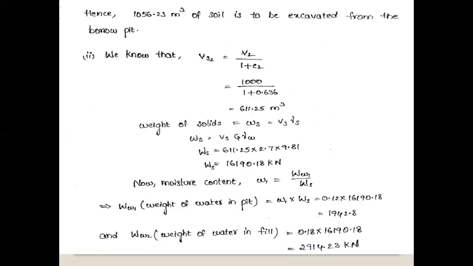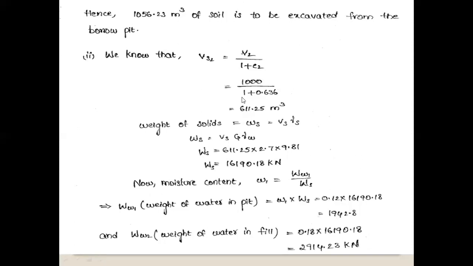Next, the weight of solids, indicated as Ws. Ws equal to Vs into gamma S, so Vs into G into gamma W. Vs is the volume of solids, G is the specific gravity, and gamma W is the unit weight of the water.